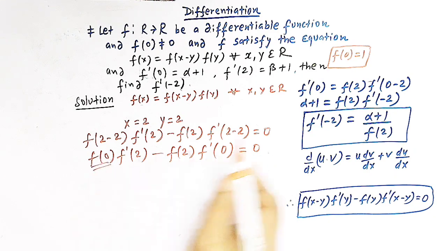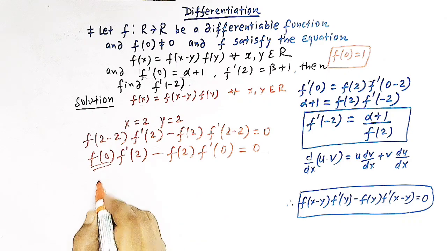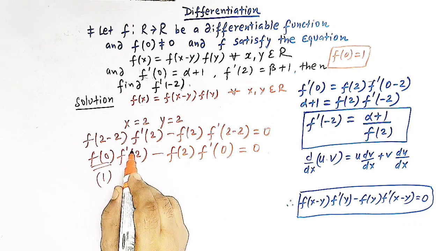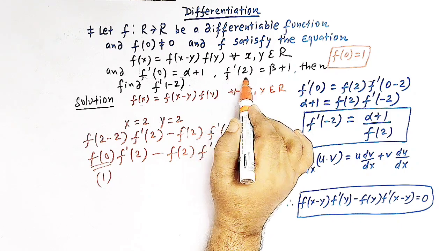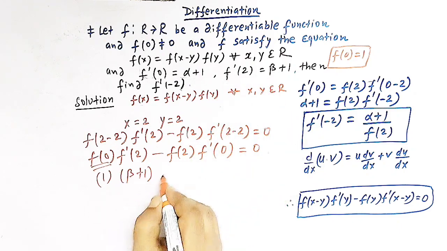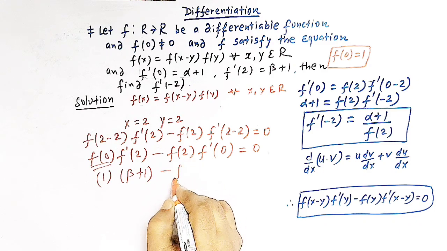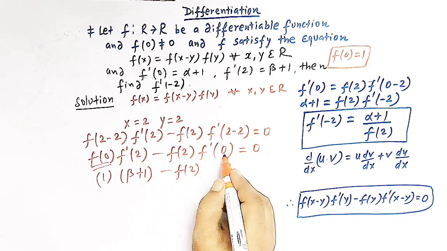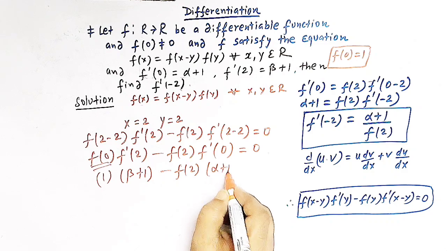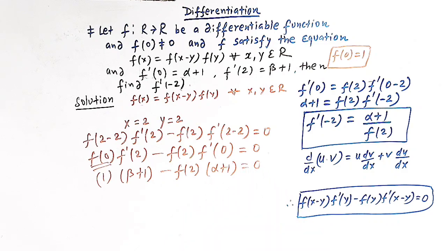Now f(0) is equal to 1, so here we'll write 1. Then we have f′(2). Now f′(2) is given as β + 1, and here f(2), and then we have f′(0), and f′(0) is given as α + 1, that is equal to 0.